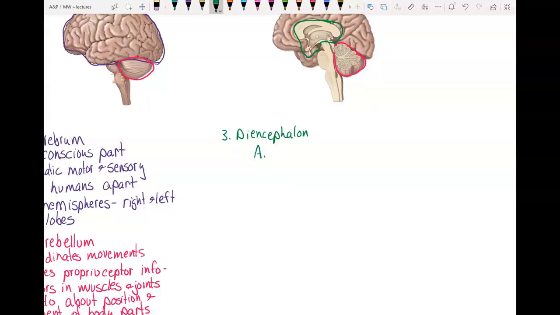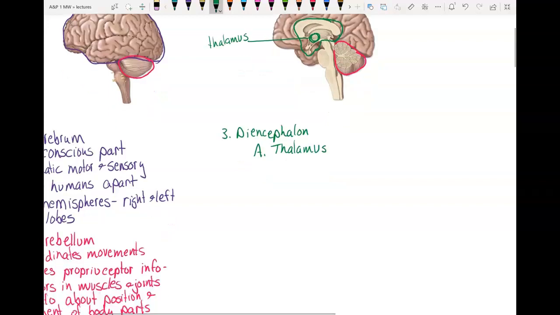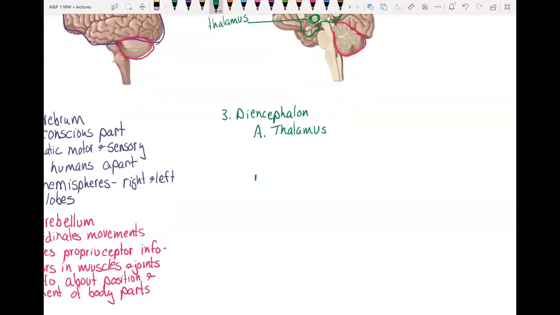So first we're going to look at the thalamus. The thalamus is this area right here. And for the function of thalamus, we're going to go over that in class. So just leave some space here in your notes to write in the function of thalamus later.